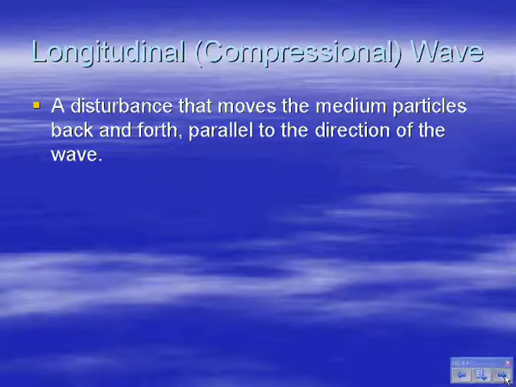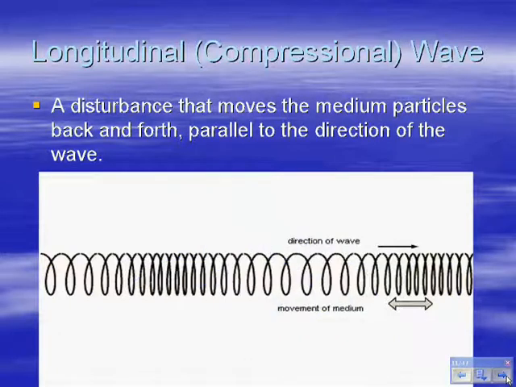The first kind of wave is not like an ocean wave. It's like a slinky wave. If I take a slinky and I kind of move my arm back and forth, and that energy from my arm movement travels through the wave, it's called a longitudinal or a compressional wave.